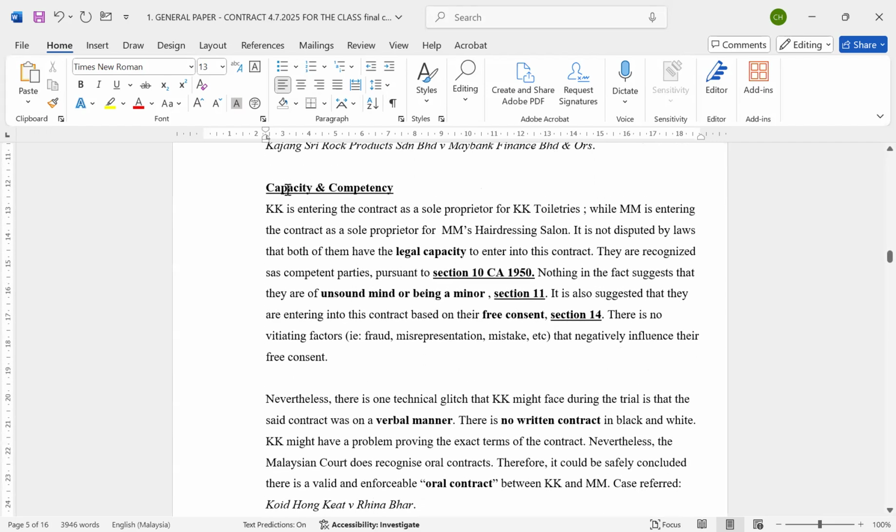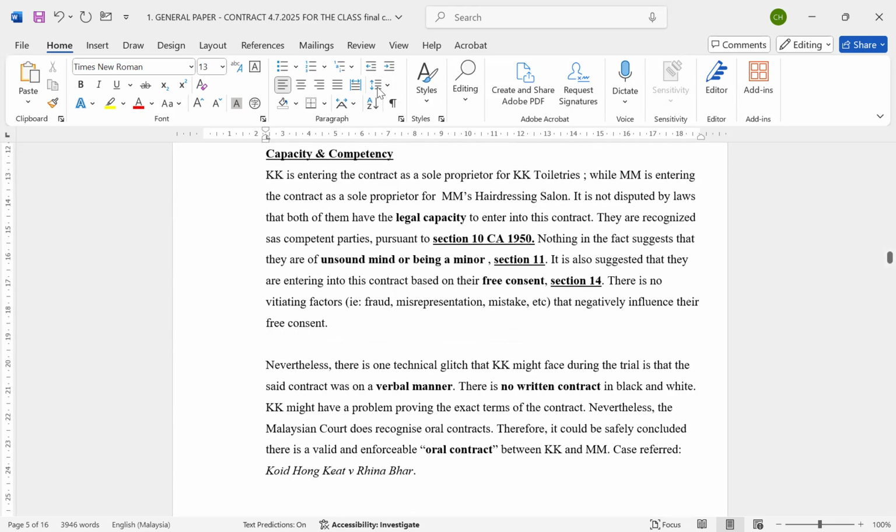Okay. After that, you need to discuss whether both parties are capable individuals or sendirian berhad to enter this sort of contract. You have to assess their legal capacity as well as their competency.